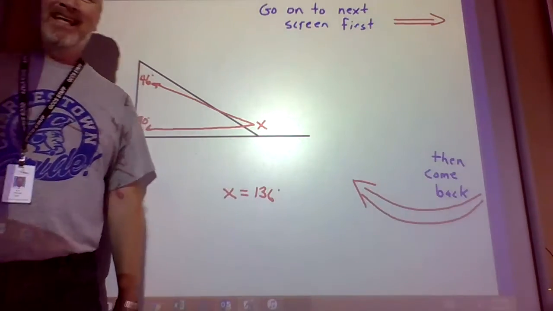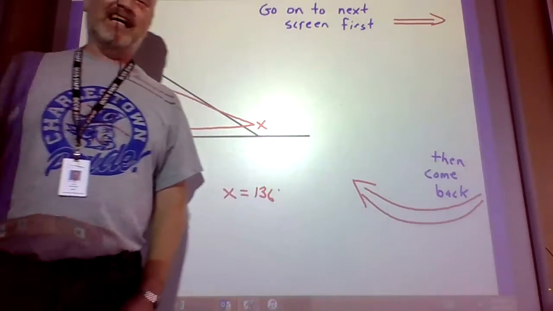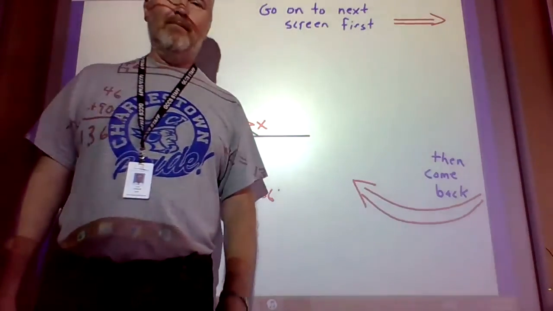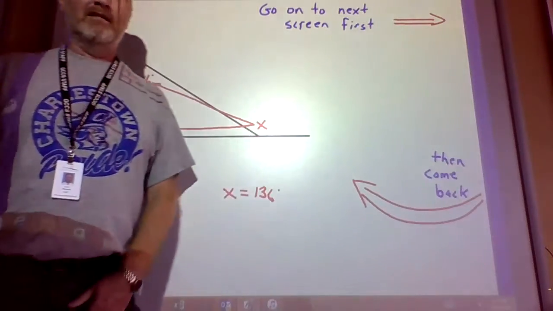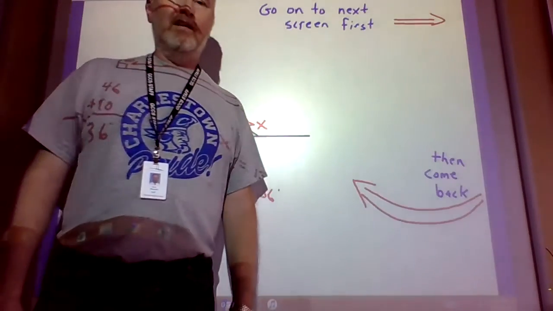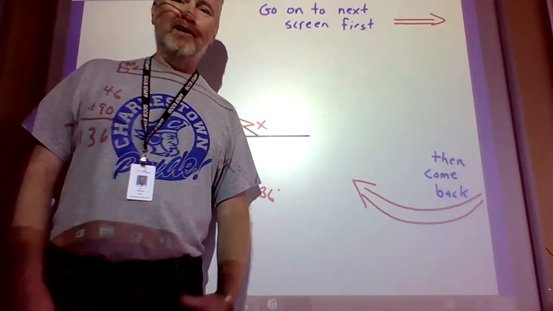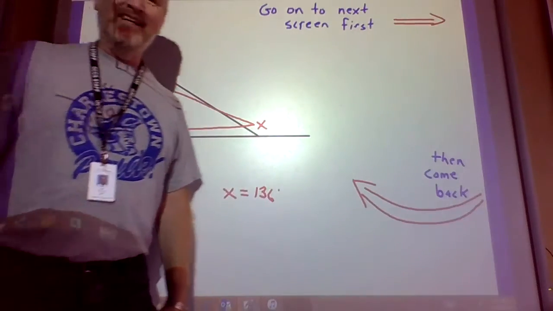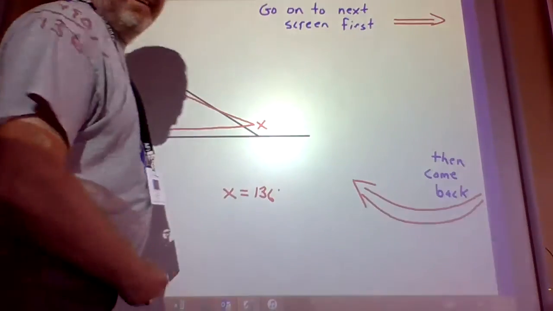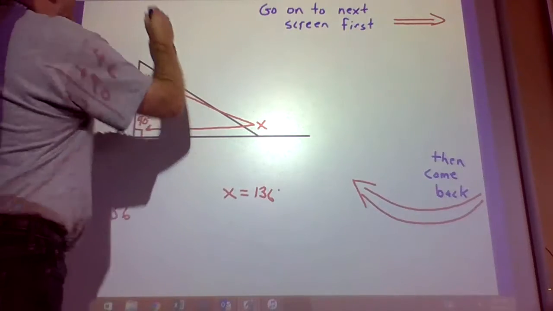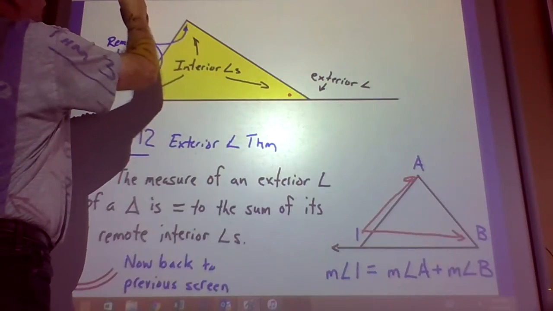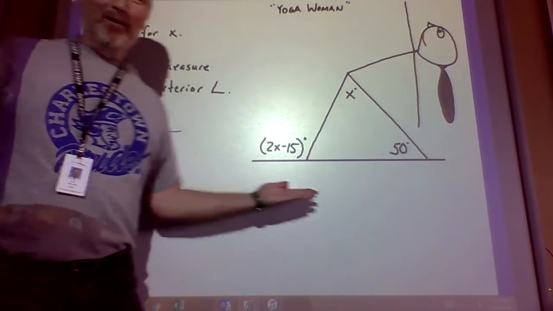Ba-da! Now, pause for a second because you're about to get confused, because I'm going to click to the next slide that we haven't done, and you're going to think, Mr. Metcalfe, why are you wasting your time teaching geometry? You should be teaching art with this beautiful drawing you just made. Check this out. Behold, yoga woman.